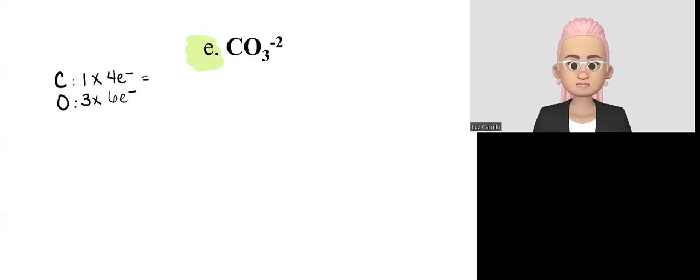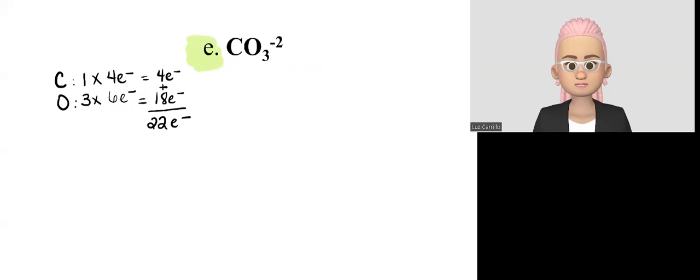So when I multiply by the subscript, I see that there's 4 electrons from the carbon, 18 electrons provided by the oxygen. So when I add these two values, I observe that there's 22 electrons available for bonding.